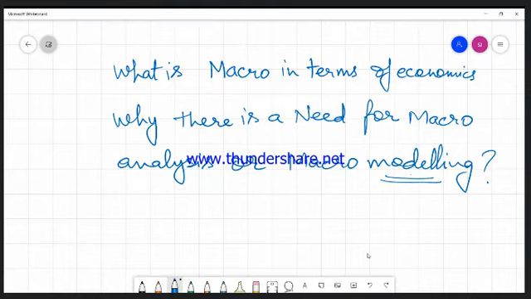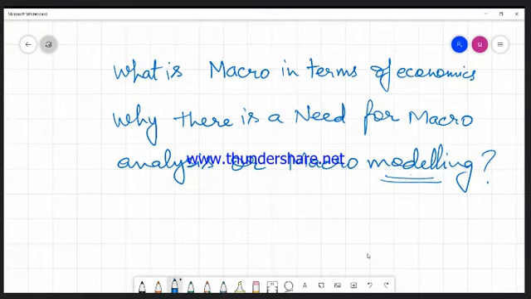As you remember from the very first class, economics is the study of the economic behavior of human beings. So behavior is an abstract notion, right? But we are trying to make this behavior objective through this modeling.